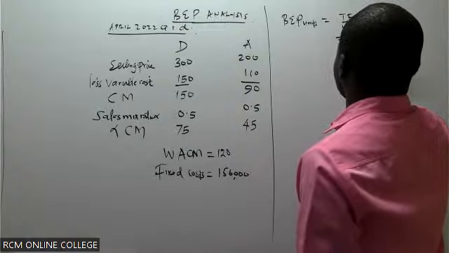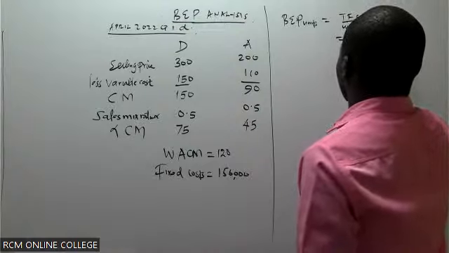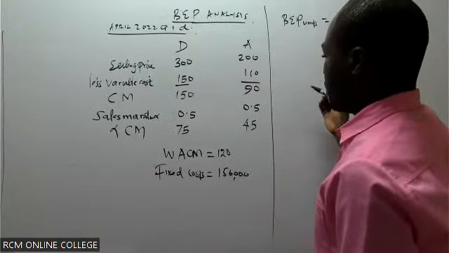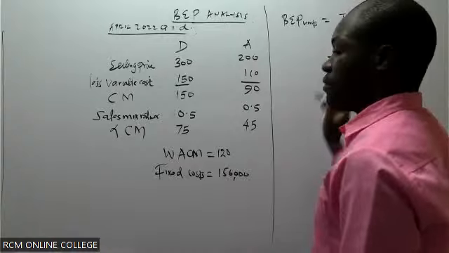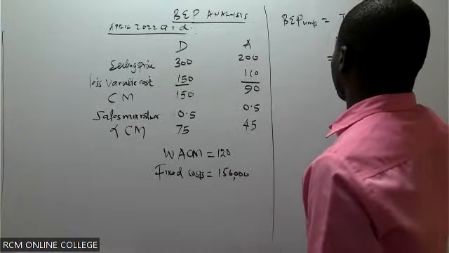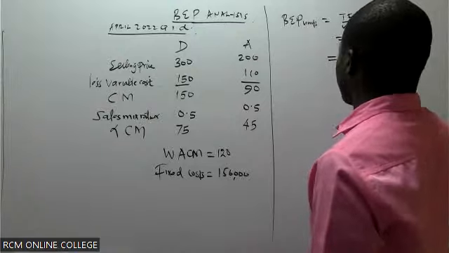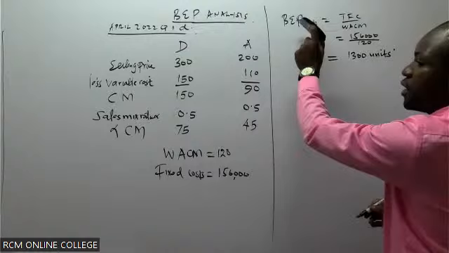That is 156,000 divided by 120. What are we having here? 1300 units. That is the break-even point in units.